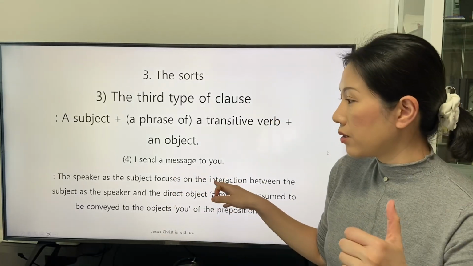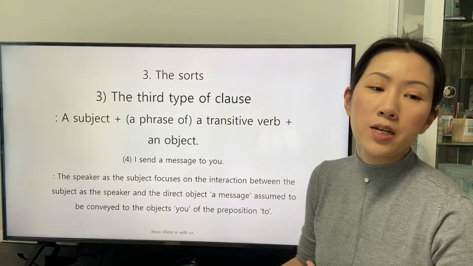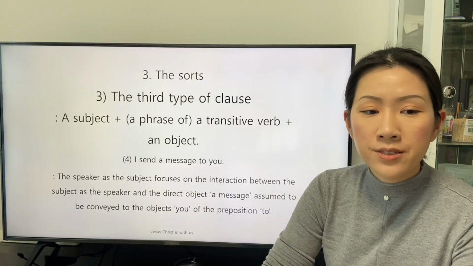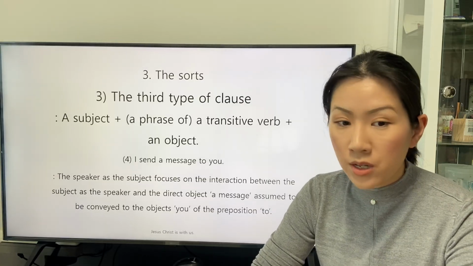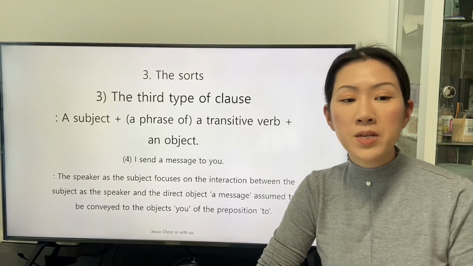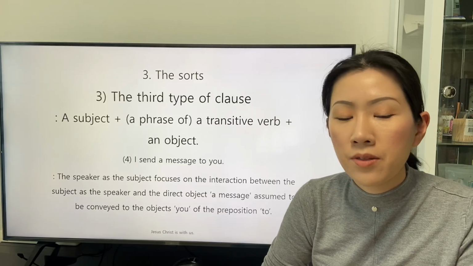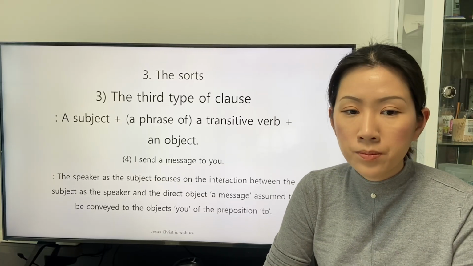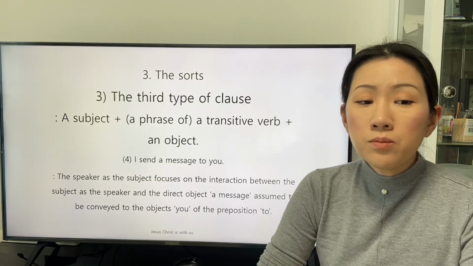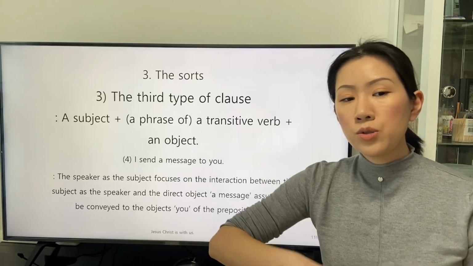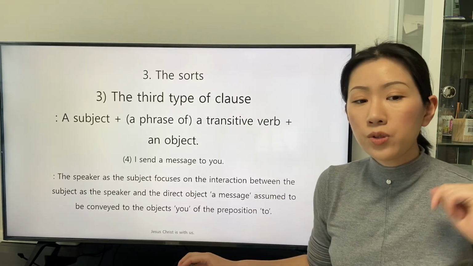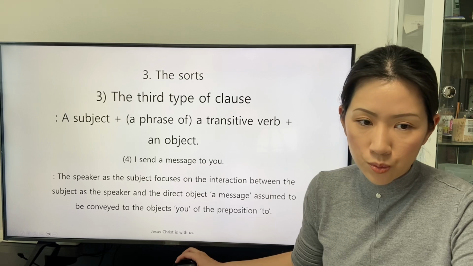Let's read the following explanation. The speaker as the subject focuses on the interaction between the subject as the speaker and the direct object, a message, assumed to be conveyed to the object you of the preposition to.